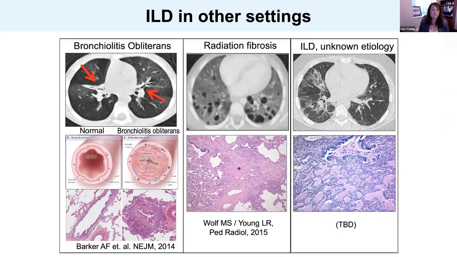This can be post-infectious, associated with stem cell transplant, lung transplant, as you'll hear about. And then just remember that there are many different causes of injury to the lung that will cause interstitial lung disease, and there are some kids that we all take care of that we're still trying to understand why they have lung disease.